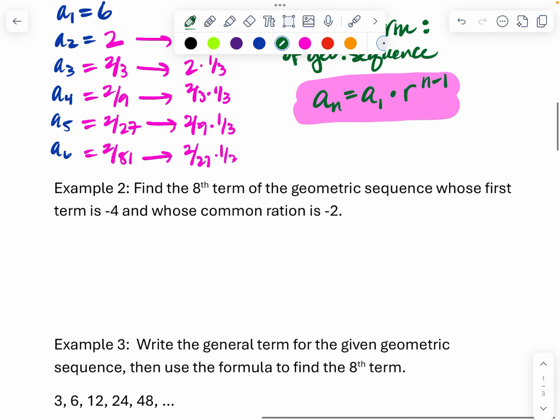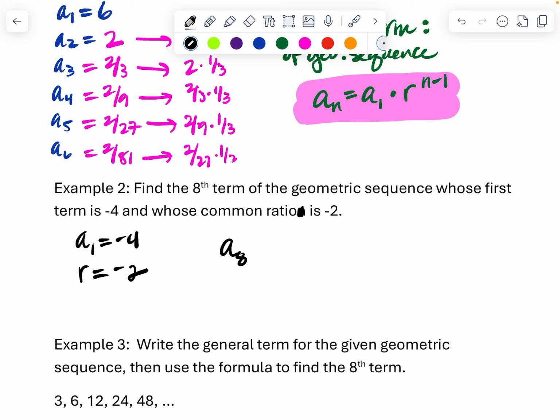So example 2, find the 8th term of the geometric sequence whose first term is -4. So we know A sub 1 is -4, and we know the common ratio is -2. All right. So to find the 8th term, we're looking for A sub 8.